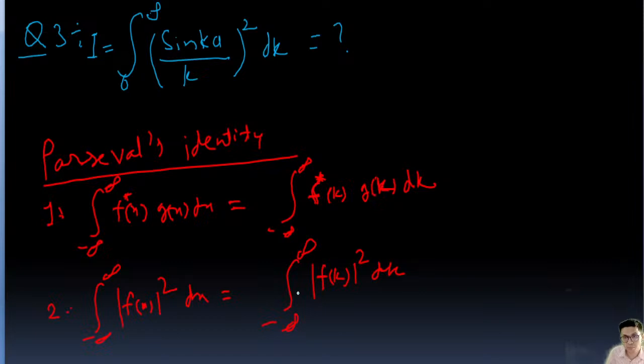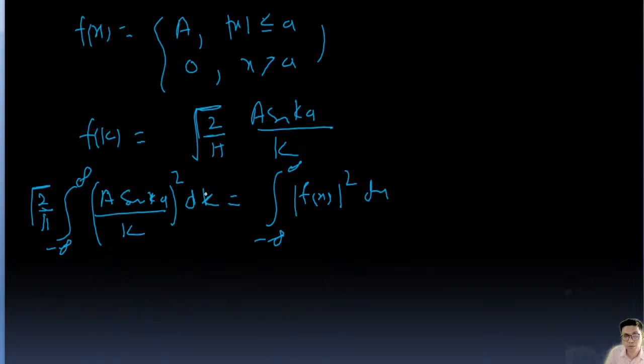This identity we have used: the integration of mod square of f(x) dx is equal to the integration of mod square of f(k) dk. Because this is the Parseval identity, mod square, right?